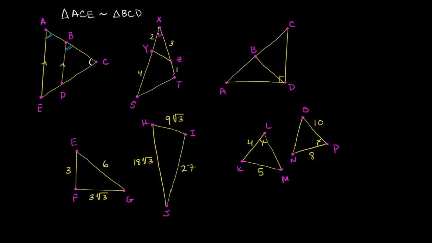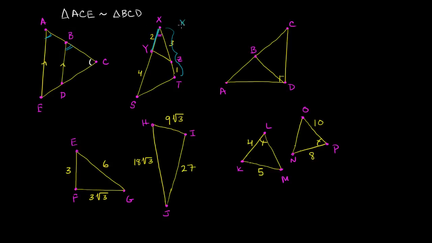Let's look at the shorter side on either side of this angle. So the shorter side is 2. And let's look at the shorter side on either side of the angle for the larger triangle. Well, then the shorter side is on the right-hand side, and that's going to be XT. So what we want to compare is the ratio between, let me write it this way.